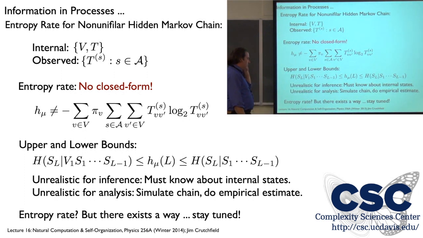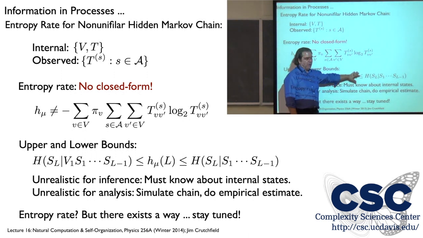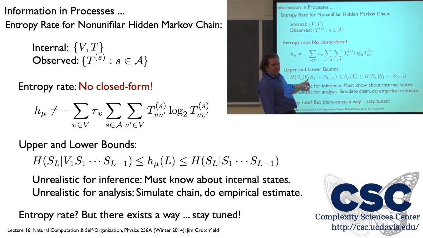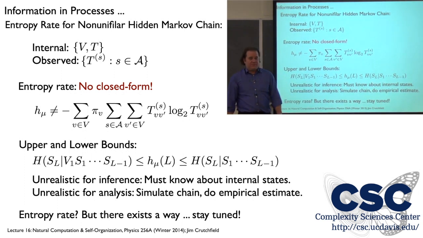Cover and Thomas do mention, on the side, at the end of one of the chapters, chapter 4, that you can provide upper and lower bounds on the entropy rate estimate for length-L words, but you have to know the internal states, which is kind of unrealistic.